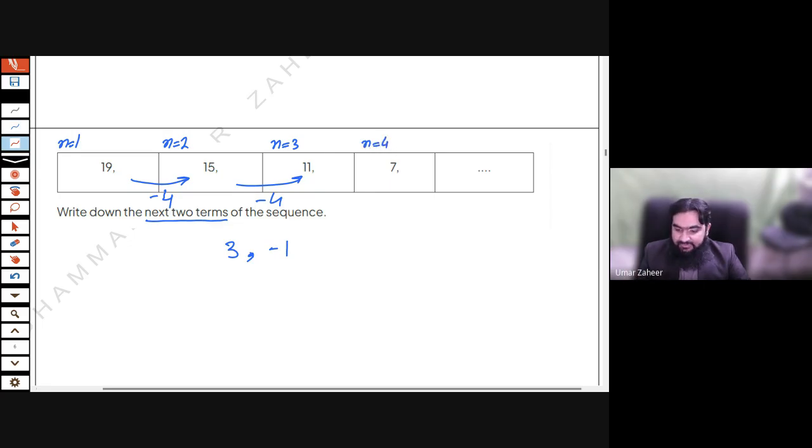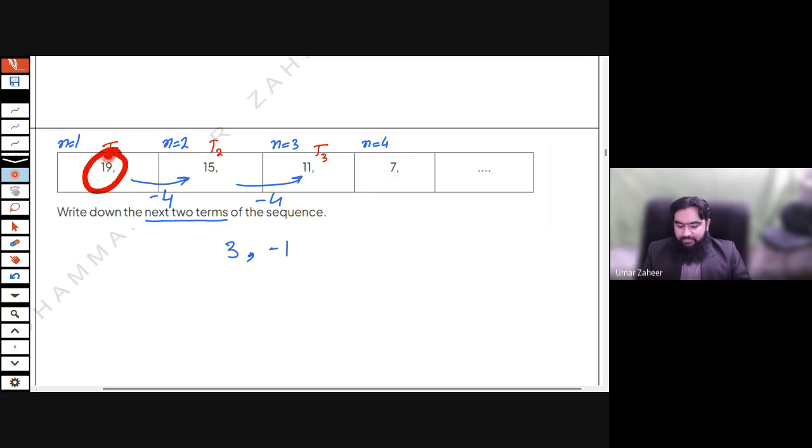On the other hand, your 19 is the first term. 15 is the second term that you will get. 11 is the third term. Get it? Obviously, all the sequences start from 1, 2, 3, 4, and so on, all the positive integers. The first value of the sequence is always n is equal to 1. But what is the value there?